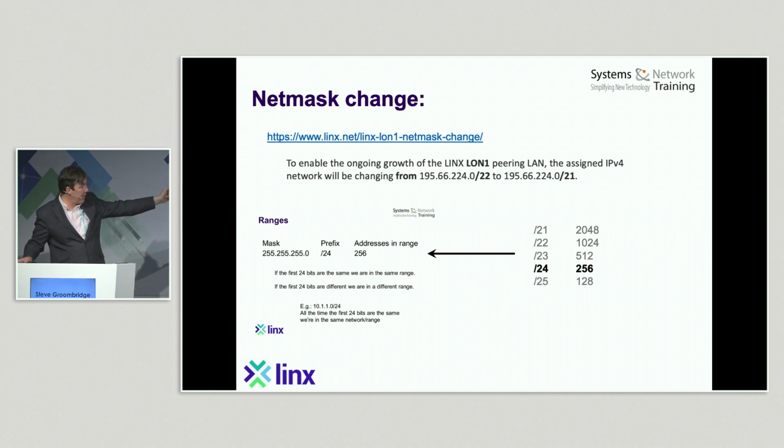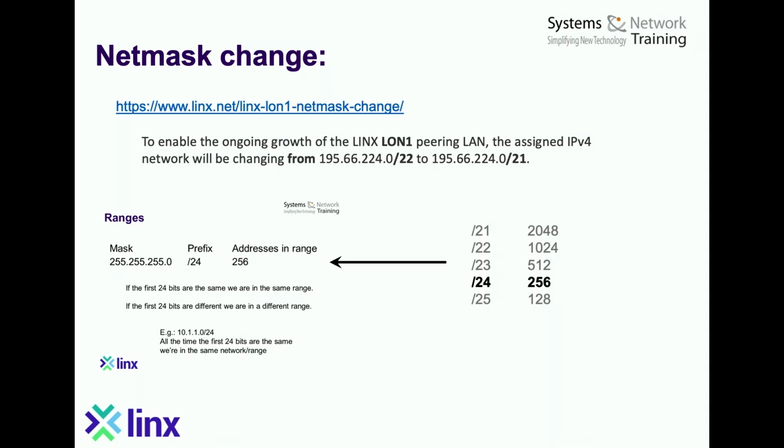I don't know which LINX accredited course it's from, but what do these masks mean? If you're technical, you know, but if you're not technical, all that /21 or /22 is doing is giving you a range of addresses. The range of addresses begins at 195.66.224.0. So that's the start of the range of addresses at London 01.